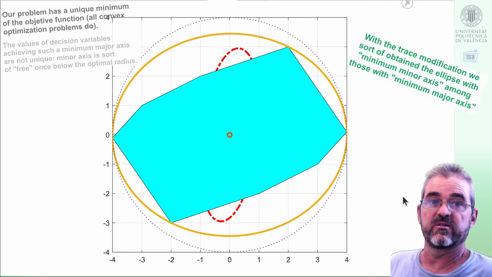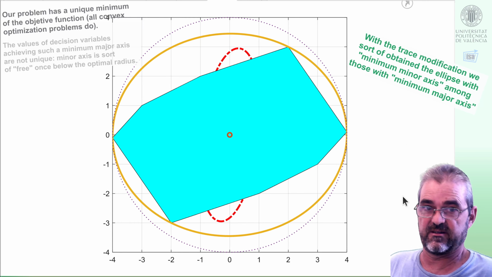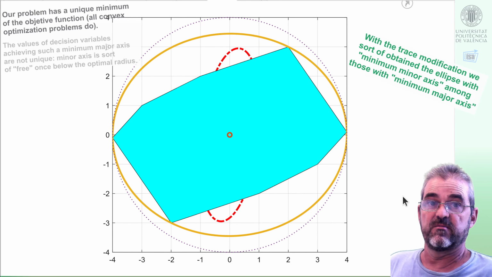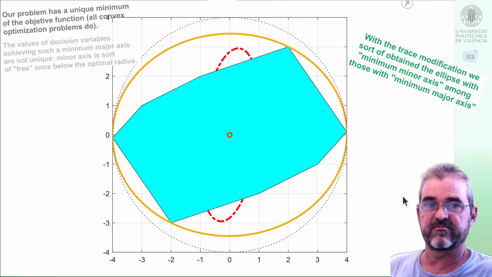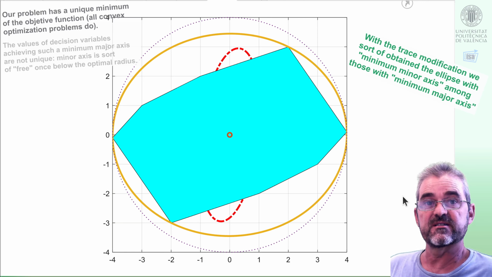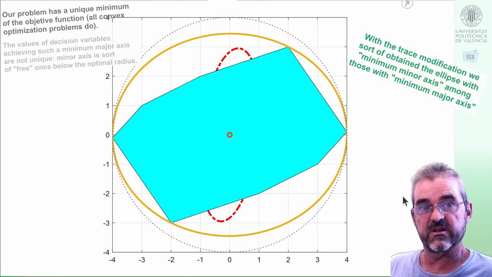We have the one with smallest small axis and the one with larger small axis, i.e. which is equal to the large axis, so we get a circle. But okay, between the many solutions of my minimum radius problem, the one that is more intuitively appealing is the one we have just drawn here. So we'll keep it as the final solution to the smallest ellipse inside the smallest circle.